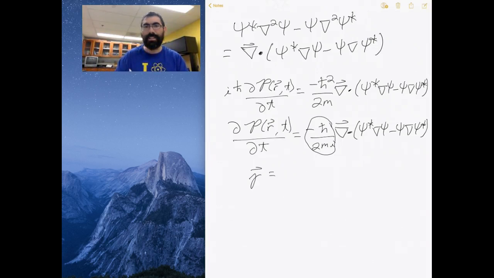A very convenient name, which we're going to call the probability current. And that is h bar over 2mi times psi star gradient of psi minus psi gradient of psi star.